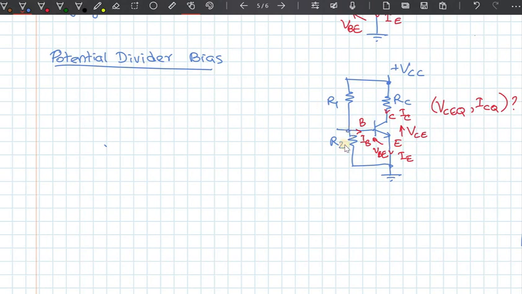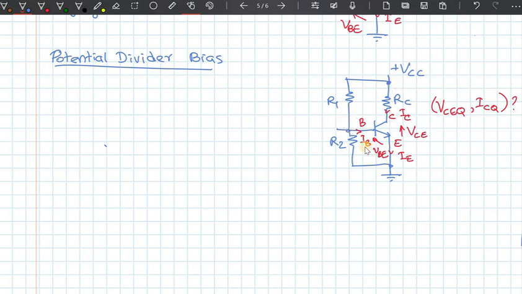If in fact R1 and R2 are very small, so that the current going through R1 and R2 is much bigger than the current IB, then of course we can ignore IB and assume that the voltage here is just the potential divider ratio. So it will be R2 over R2 plus R1 times VCC.